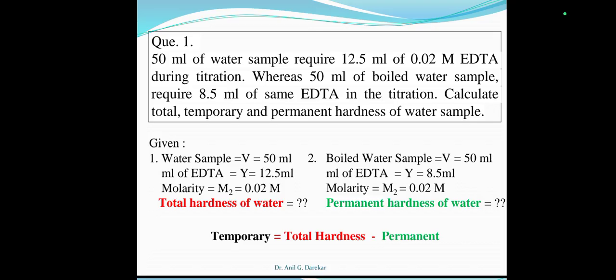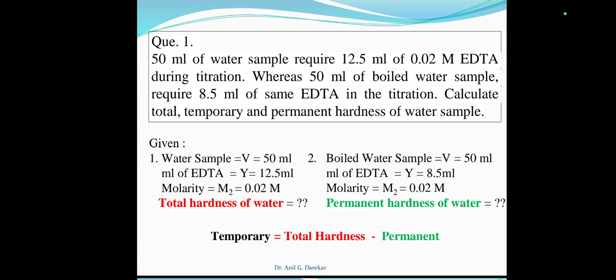Now the second part of the numerical is the boiled water sample. Now the water sample is not normal; here we have a boiled water sample. The volume of that sample is 50 ml, the same. But now see here, the ml of EDTA required is 8.5 ml.